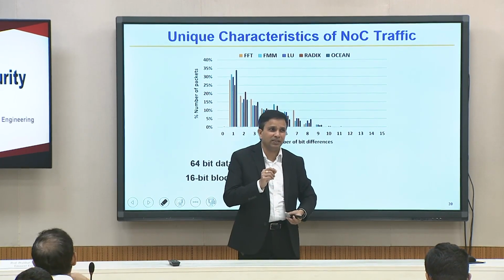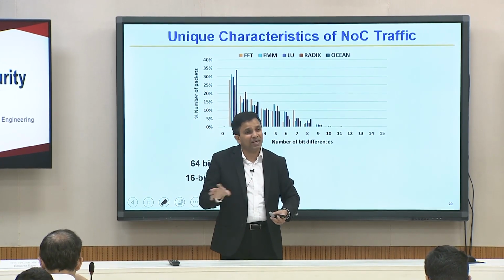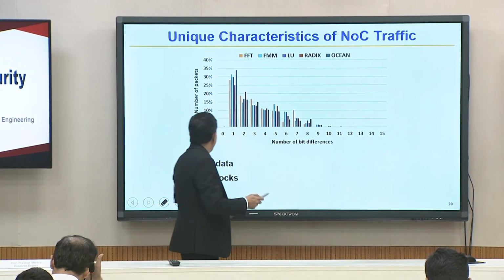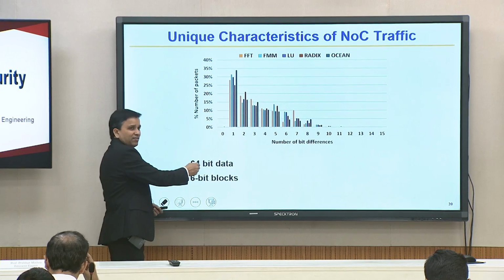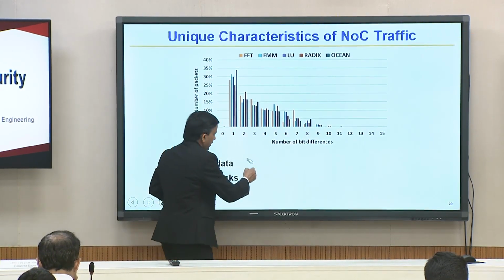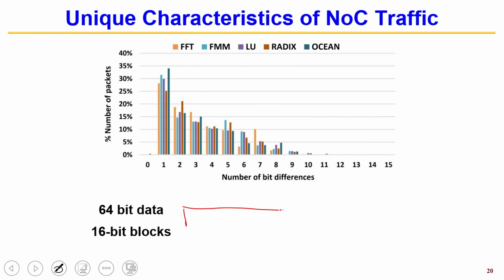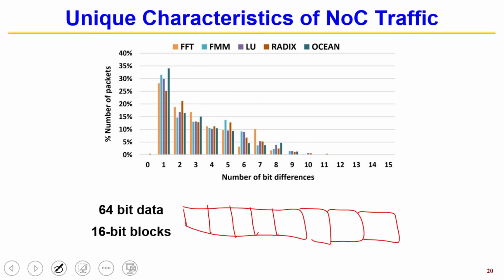The interesting part is that the email you write and the email I write are different, but at the packet level, packet sizes are typically 64 or 128 bits, whichever you want to implement. When you look at the data, say 64 bits, which is 8 bytes, 1, 2, 3, 4, 5, 6, 7, 8, it turned out that most of the bytes are 0.